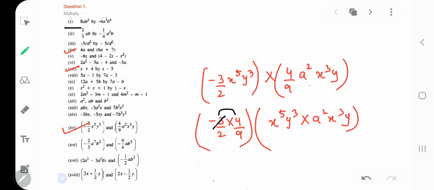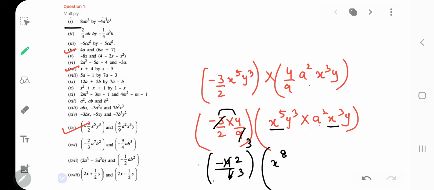If you want to reduce it, it can reduce. So it will be minus 4 upon 6. It can further be reduced, so that will be minus 2 upon 3. And you have to multiply your x together. You have x5, x3, that will become x8. y3, y1, that will become y4. And a square, you will keep it as it is. Clear?